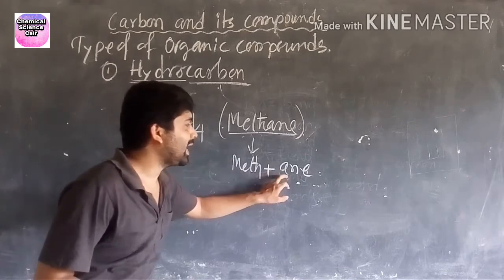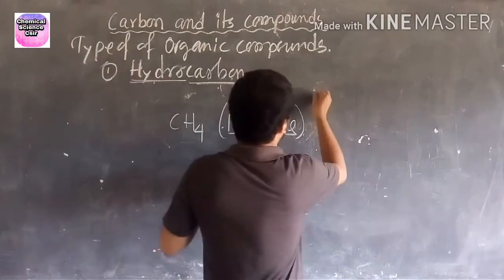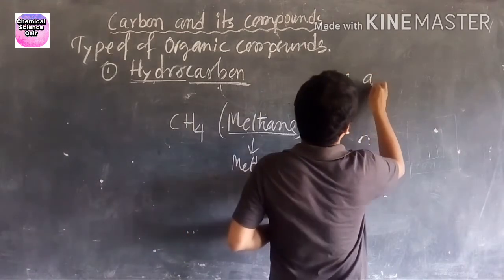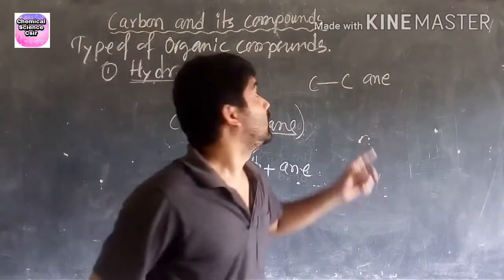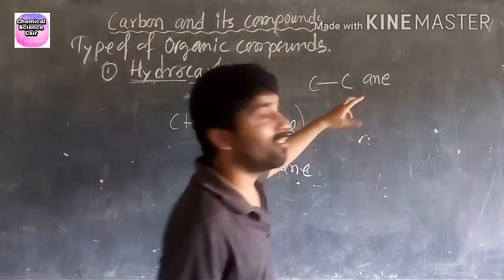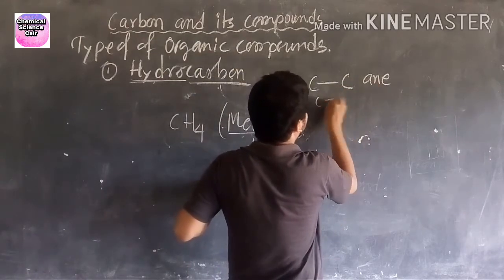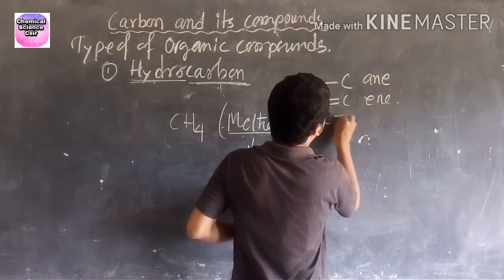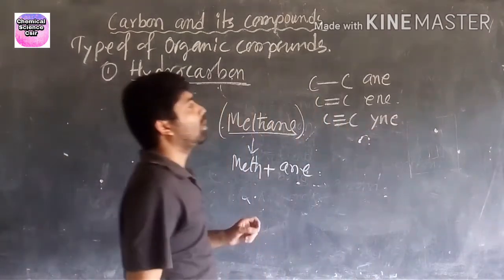And plus n. How does n come here? If carbon single bond, then it is n. This is the suffix name. Carbon single bond, n. If carbon double bond, ene. If carbon triple bond, then it is yne.